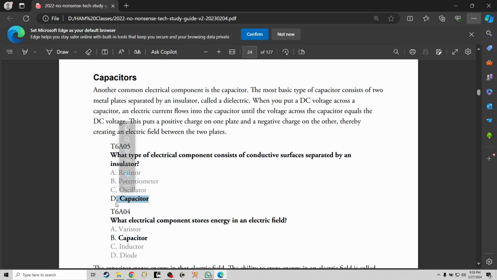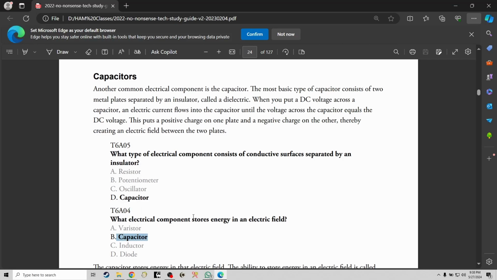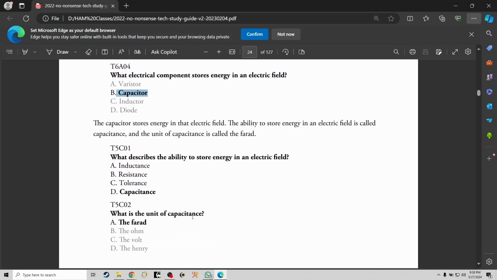What type of electrical component consists of conductive surfaces separated by an insulator? A capacitor. Okay. What electrical component stores energy in an electrical field? That is a capacitor again. The capacitor stores energy in an electrical field. The ability to store energy in an electric field is called capacitance, and the unit of capacitance is called a farad.